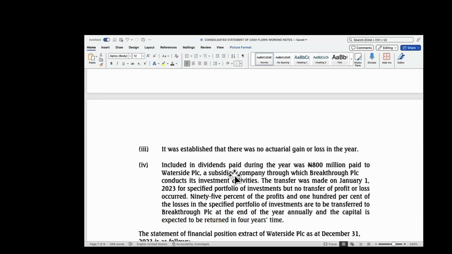For me, I would think maybe they gave the subsidiary shares in exchange for payment? No. And then I'm thinking maybe they acquired a controlling interest, so maybe that money is paid to NCI. But if it is paid to NCI, it would be the subsidiary who pays the NCI.